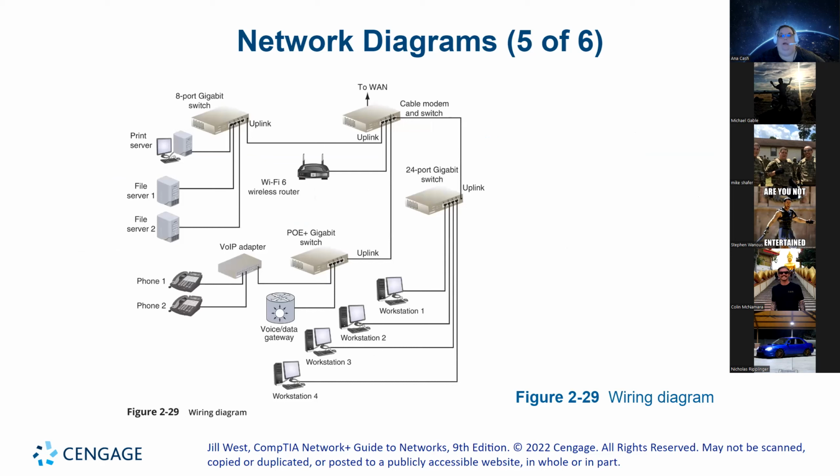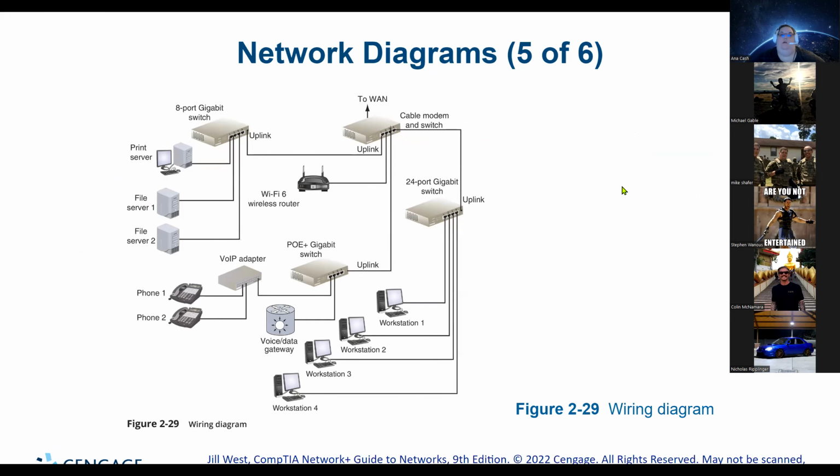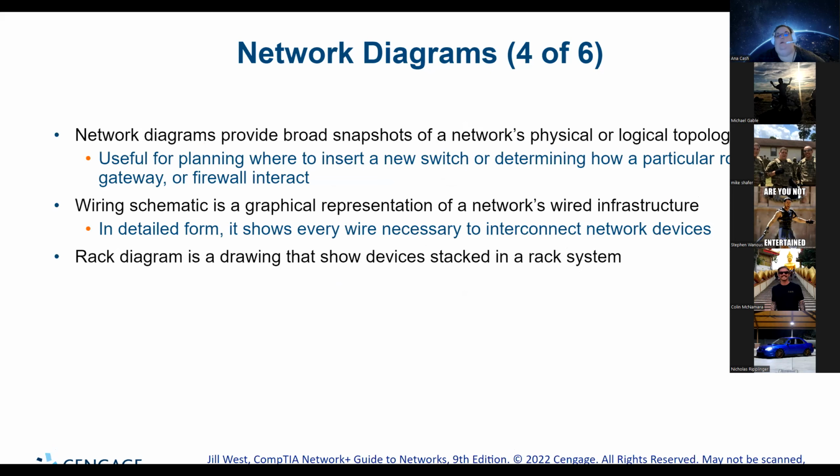The wiring schematic and the rack diagrams, those would both be part of the physical, correct? Correct. And then, unless they're planning a wiring schematic, in which case technically that could be logical, but it should be physical, because you're showing where the physical locations are.